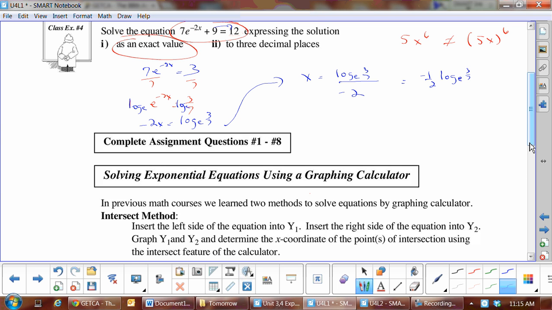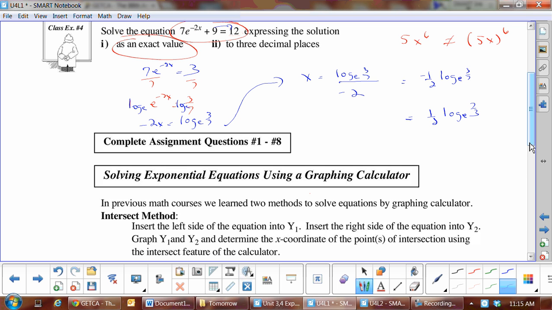Because they want to see if you know one more rule. If you left it like this on a written response, for me, I'd give it to you, right? But if it's a multiple choice, they want one more. Do you know one more rule? And the actual answer would be 1/2 log e to the 7/3.